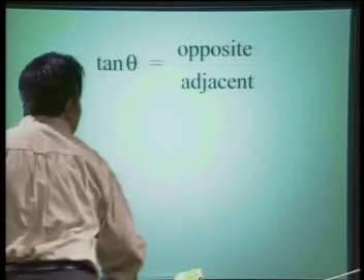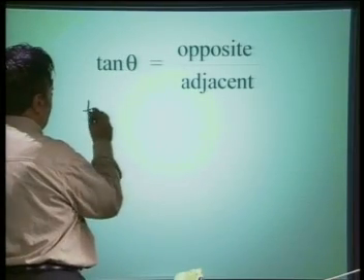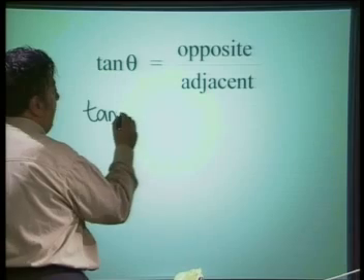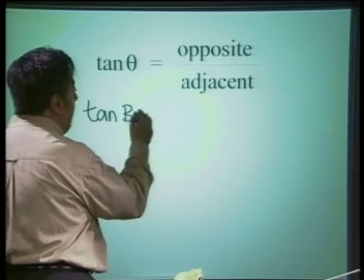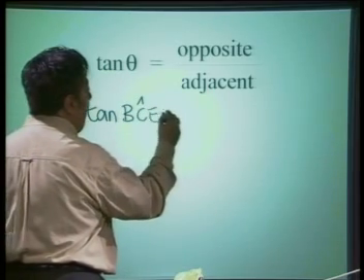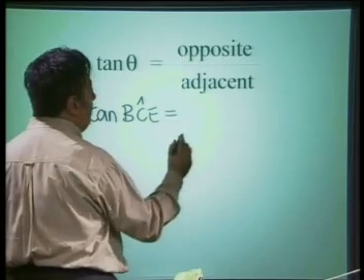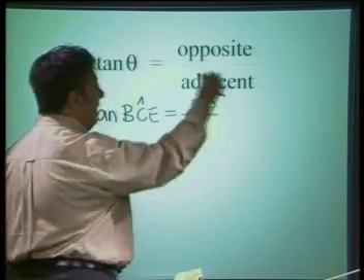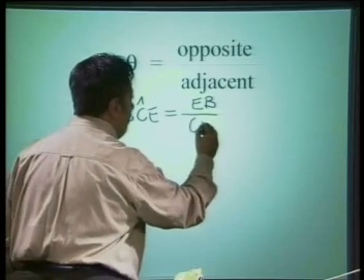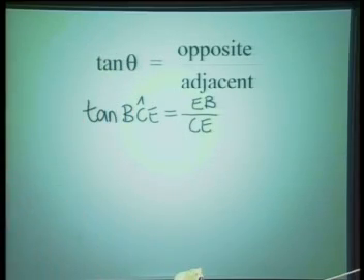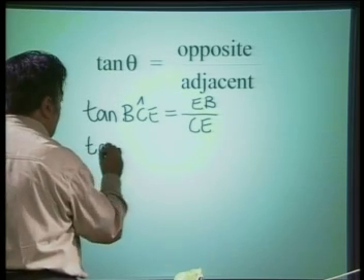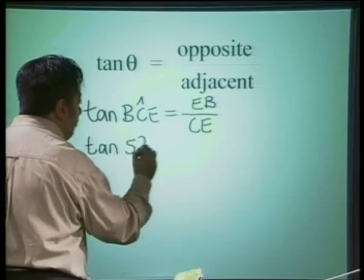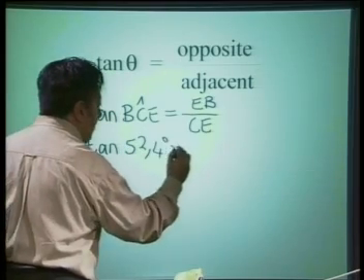Right, using the tan ratio again, this time round we have tan, and our angle has a name, BCE, is equal to the opposite side, which is side EB, divided by the adjacent side, which is CE. Now we can fill in our values. We know that angle BCE is 52,4 degrees.